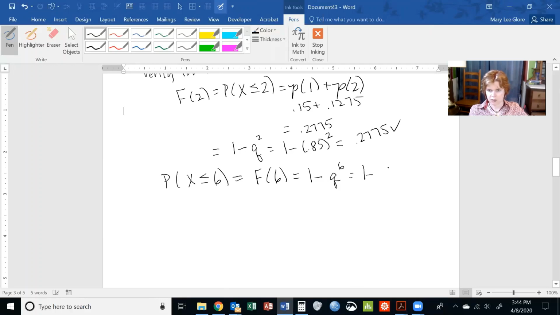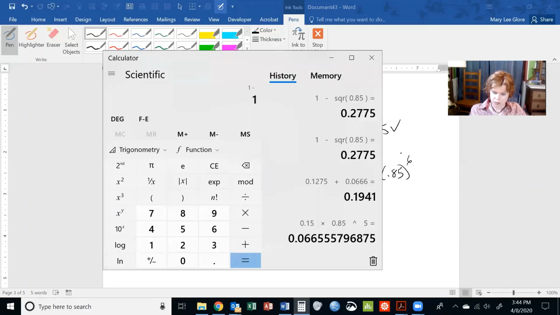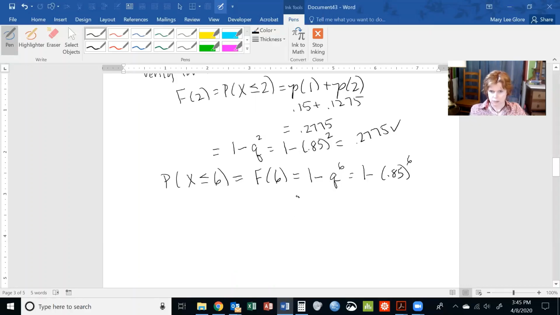This is 1 minus 0.85 to the 6, which equals 0.6229. All right, so there's a 62% chance that he'll be done after 6 houses.